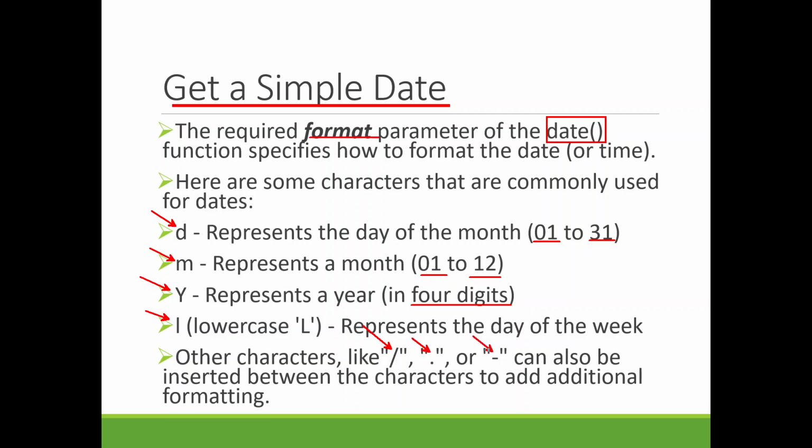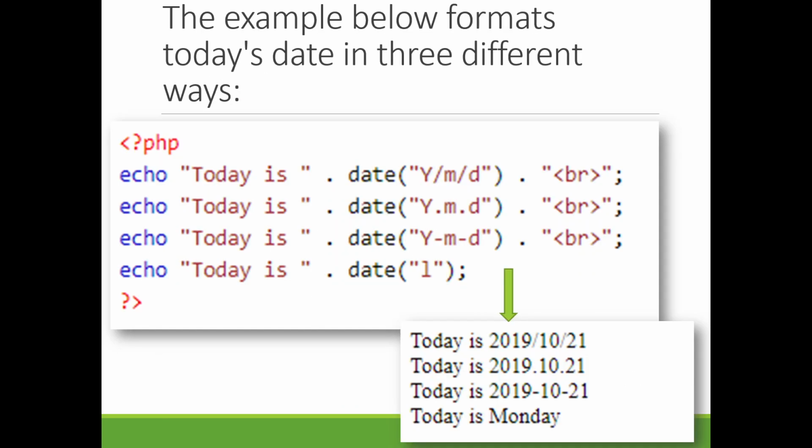So you either use a forward slash, a full stop, or a hyphen. So normally we also use these characters in between these letters in order to create that particular date format. So this is a good example of what we've just said. Now, if we wanted to print today's date, we can print it in PHP by using the echo.